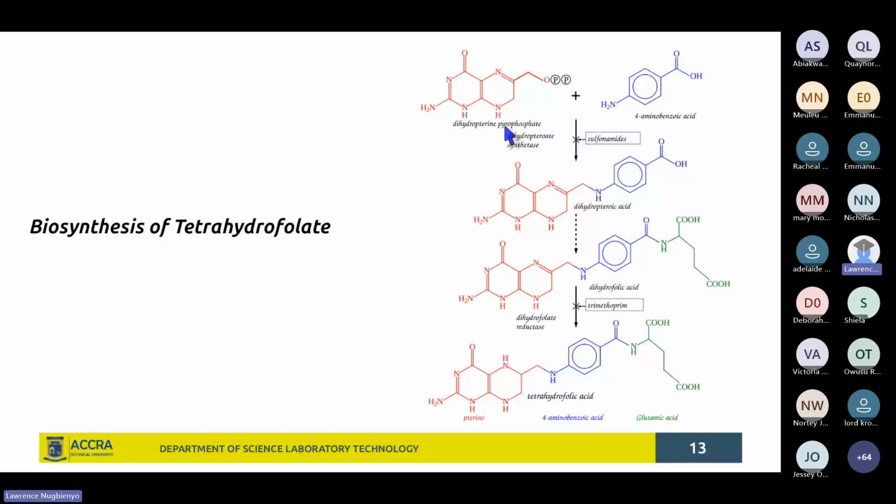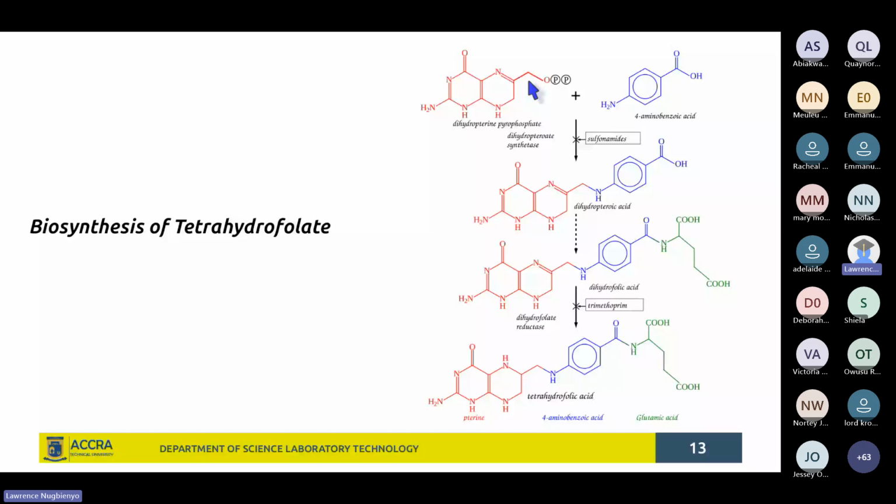The blue molecule, the aminobenzoic acid, is sometimes also referred to as para-aminobenzoic acid. These two combine. And a pyrophosphate is a diphosphate. It's an activated form of the dihydropterin.